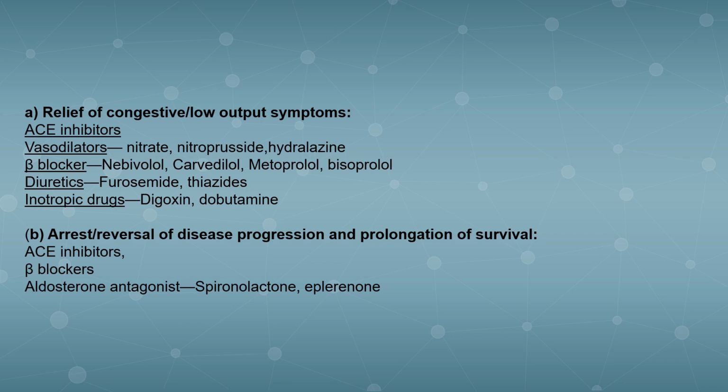And the second aim is to arrest or reverse the disease progression and prolong survival. The drugs for the first are ACE inhibitors, vasodilators, beta blockers, diuretics, inotropic drugs. And for the reversal of disease progression or prolongation of survival, the drugs are ACE inhibitors, beta blockers, and aldosterone antagonists.